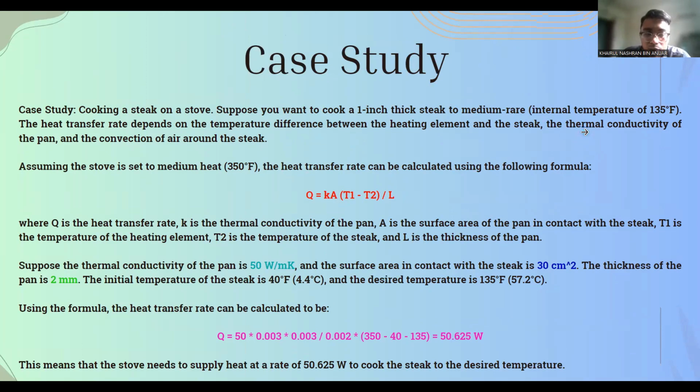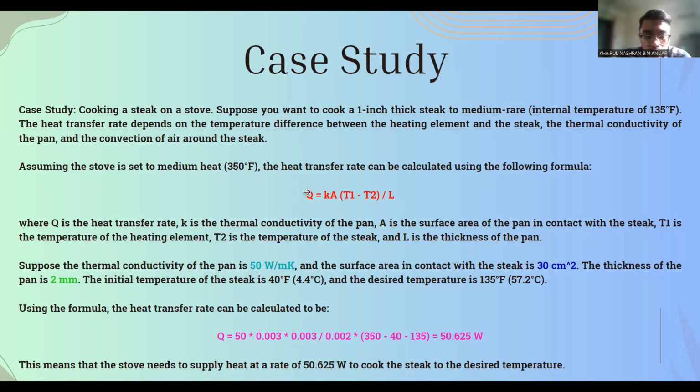The medium heat here is around 350 Fahrenheit, and we can do a calculation using the rate equation, which is Q equals k A (T1 minus T2) over L. T1 is the temperature of the heating element, which in the question is the pan, T2 is the temperature of the steak, while L is the thickness of the pan. The thickness of the pan is given as 2 mm, and we convert it into meters, which is 0.02 meter.